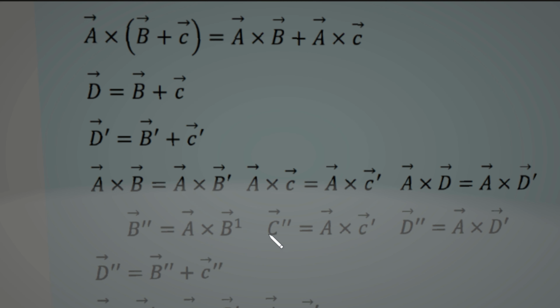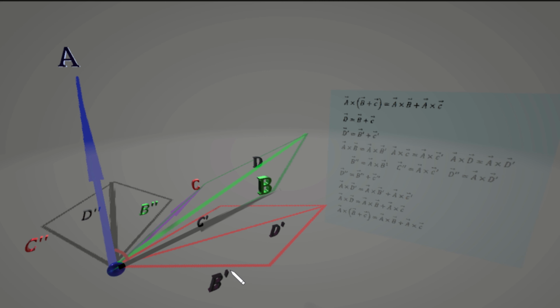The same thing we see in a geometrical representation. Here B prime is the component vector of B bar onto a plane which is perpendicular to A bar, as we discussed earlier. That means B prime bar is perpendicular to A bar.